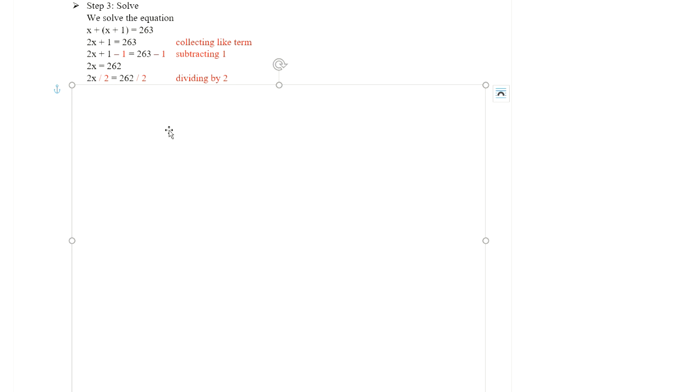The next step is to get rid of the 2 to leave the variable by itself. We would divide by 2, and that will cancel out the 2 on this side. Then we would do the same thing on the opposite side of the equal sign: 262 divided by 2.